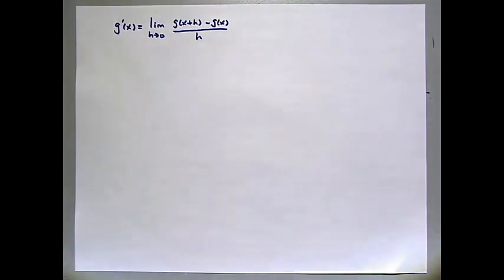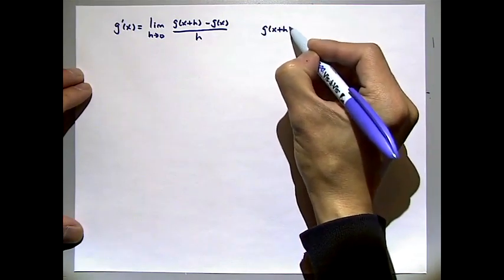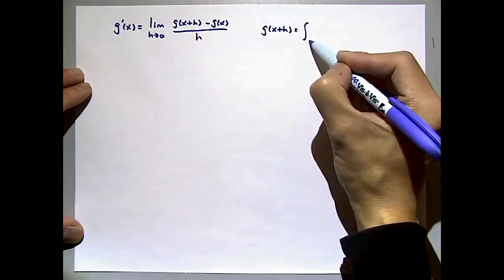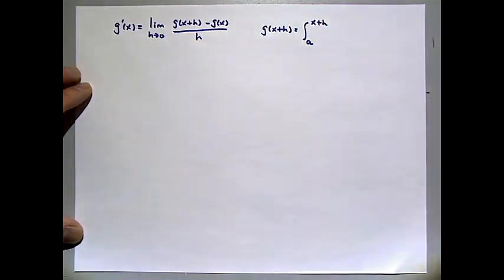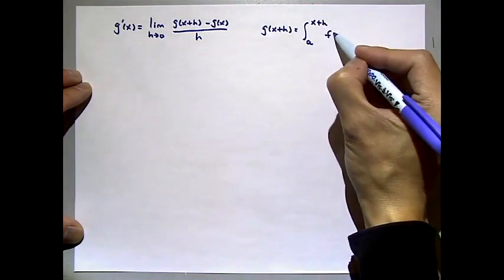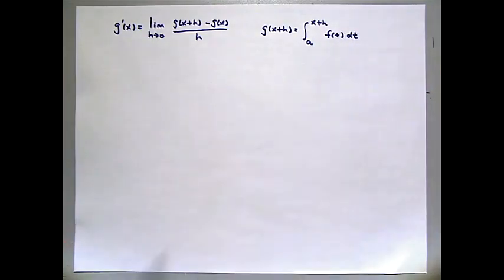Okay, that's the very first definition of derivative, just using the limit of the difference quotient. G of x plus h is the area accumulated under the function f from a up to x plus h.